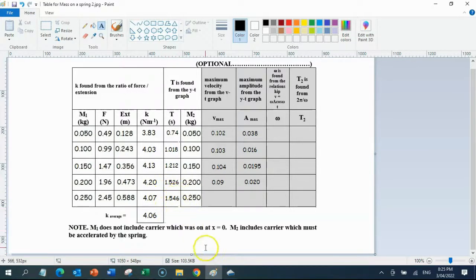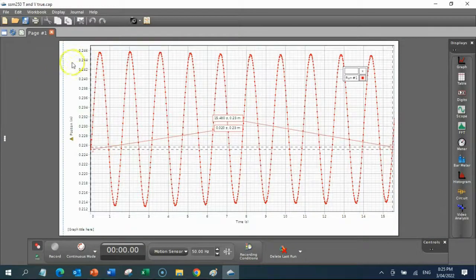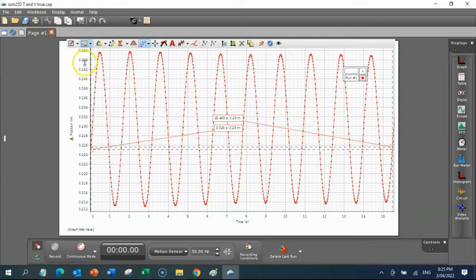1.546, and now getting the value for the maximum amplitude, getting a reading for the top up here, 0.244 is that one, and 0.45, might go for 5 there, and down here might go for 2.113.